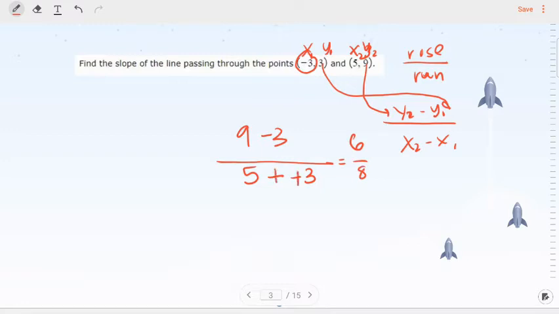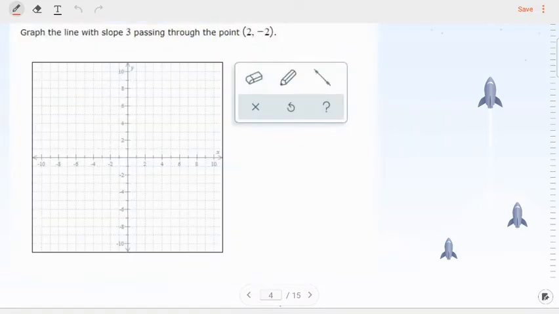Now that's because subtracting a negative is the same as adding. This is the correct slope. I'm rising 6 and running 8, but we can always simplify fractions. So that is the same as rising 3 and running 4, because I could simplify the numerator and the denominator by dividing each by 2, reduce them.